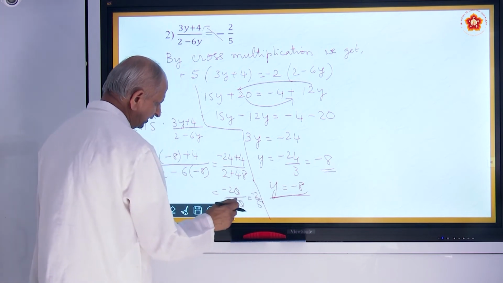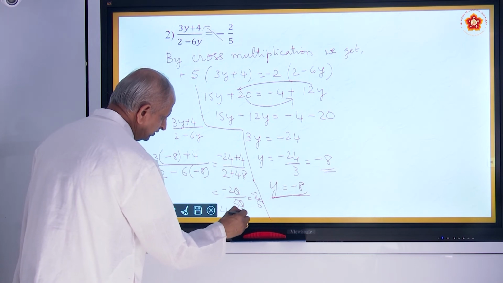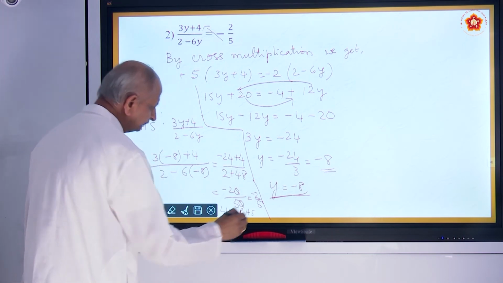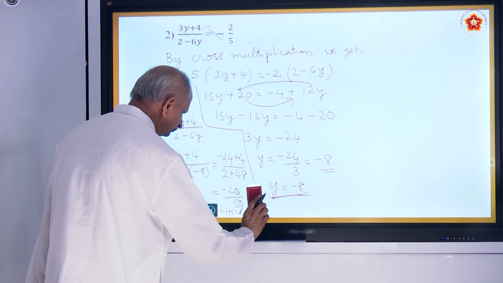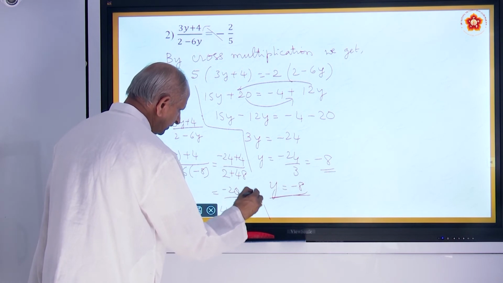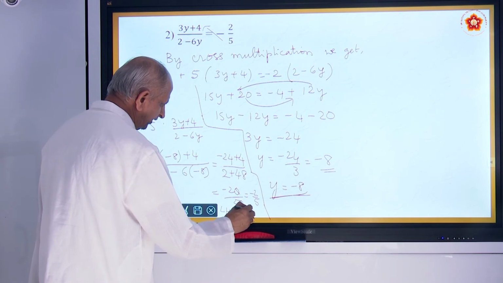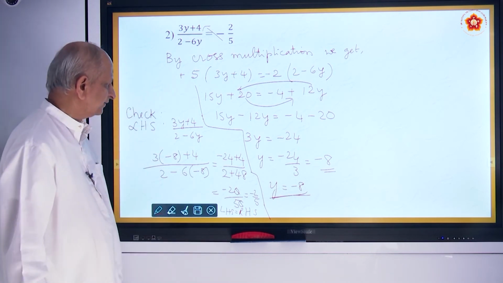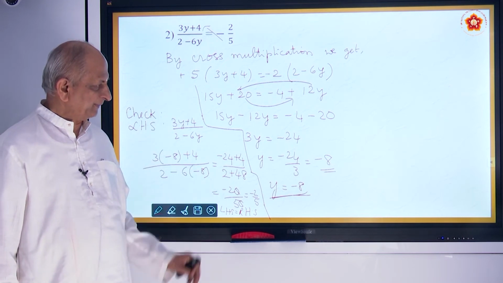So what you have done is correct. So you can write left hand side is equal to right hand side, minus 2 by 5. So what does it mean? It means that the value of y equal to minus 8 is correct. That can be done by this checking method.